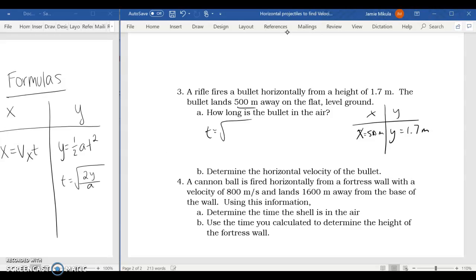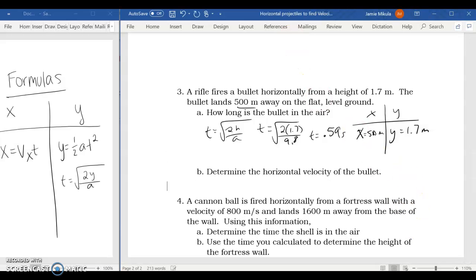So T equals square root 2H over A. T equals square root 2 times 1.7 over 9.8. So 2 times 1.7 is 3.4 divided by 9.8. Take the square root of that number, you get 0.59. So T equals 0.59 seconds.